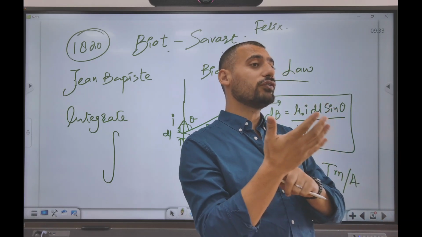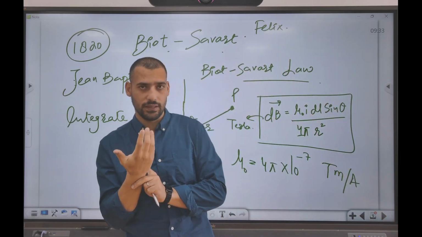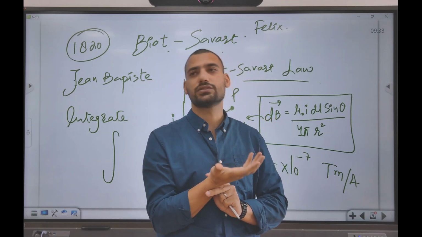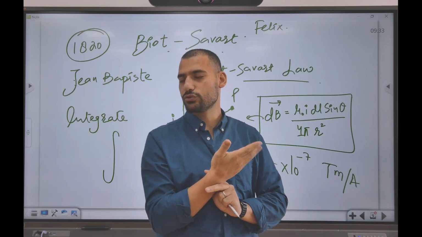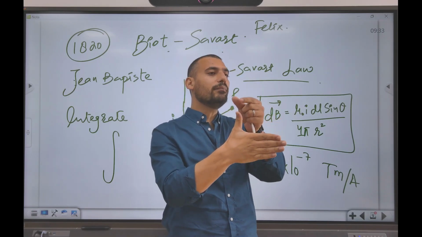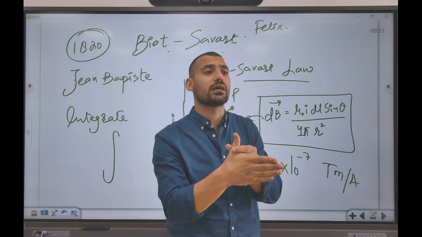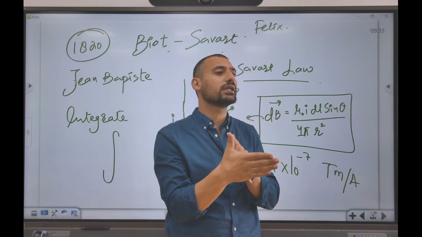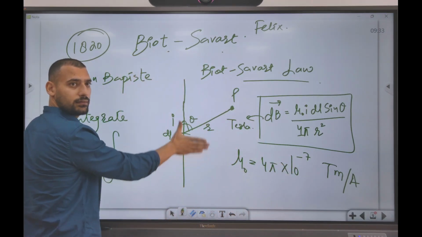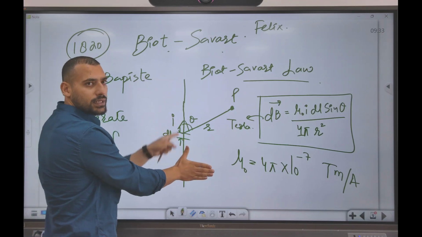So whenever you have to find the direction of the magnetic field, the right hand thumb rule comes to your rescue. Now what is this rule? As per this rule, stretch your right hand in such a way that the thumb points along the direction of the current. In this case, current is like this, right? The thumb has to be along the direction of the current.